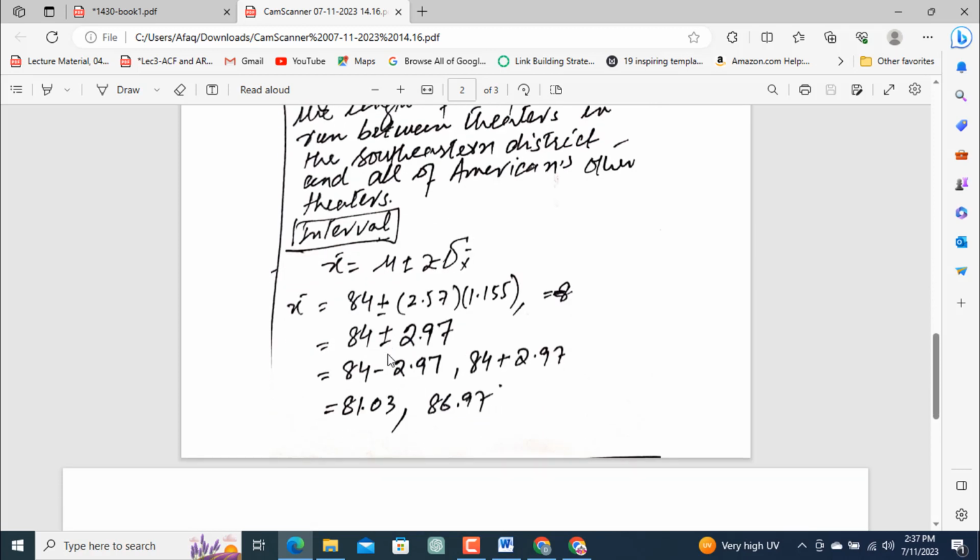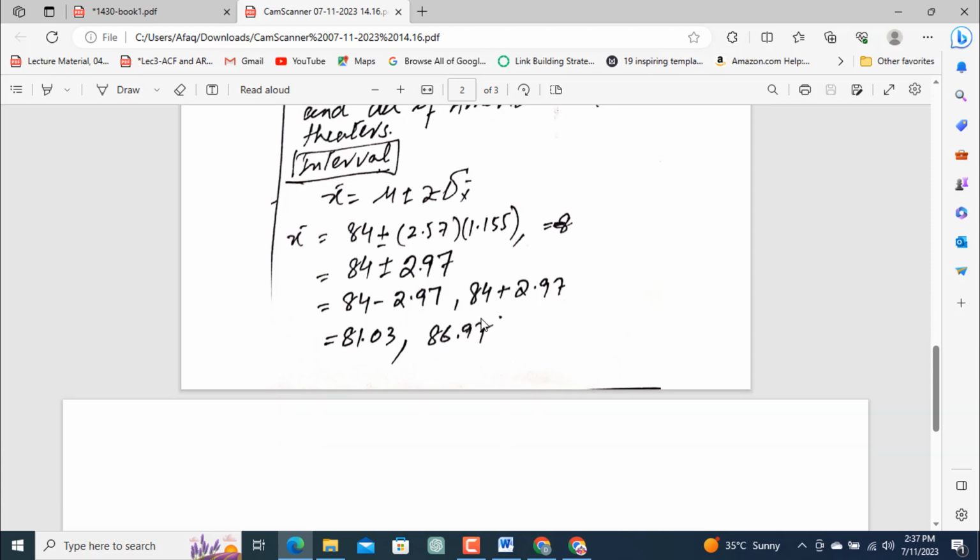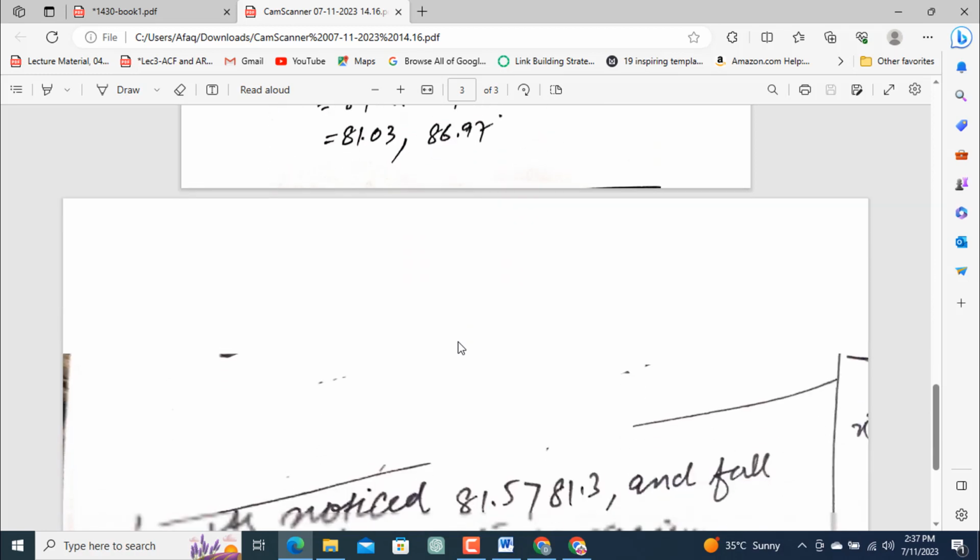Now we are going to find the intervals or two limits of this two-tailed test. X bar is equal to mu plus minus z times the standard error of the mean. Remember that we will use this z value of the critical region because we are going to determine the two limits of the acceptance region. 84 plus minus 2.57 times 1.155 is plus minus 2.97. 84 minus 2.97, 84 plus 2.97, so 81.03 and 86.97.